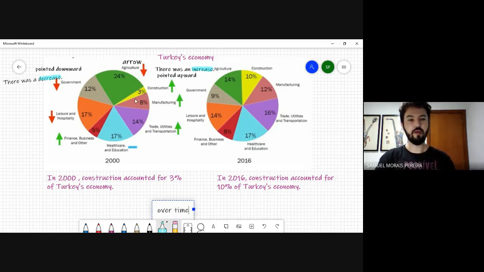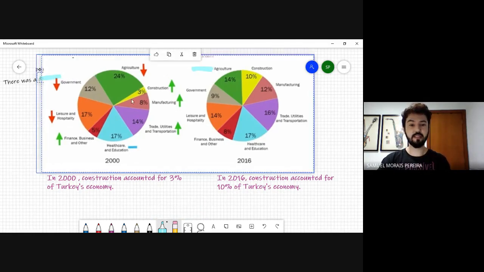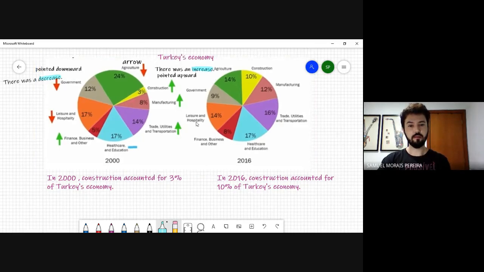Você pode falar, there was a decrease over time. Houve uma redução com o passar dos anos, ok? E assim por diante, tá bom, pessoal? Como eu falei para vocês, eu não estou aqui para ensinar vocês a lerem gráficos. Eu estou aqui para ensiná-los vocabulário and how you can use these words to talk about the data that you have in those graphs, okay?